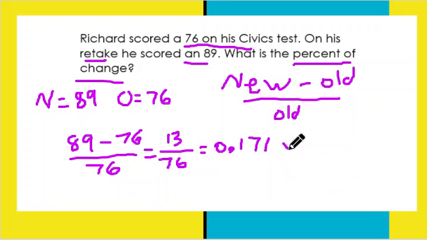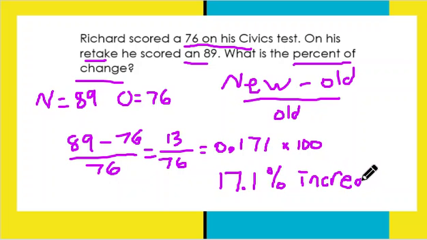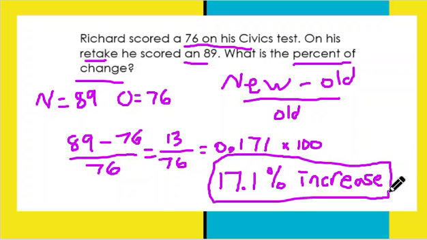So I must times this by 100 to get my percent change. 0.171 times 100 will be 17.1%. And this is a positive, so I would put increase. So he had a 17.1% increase. And that, my friends, is how we find percent change.